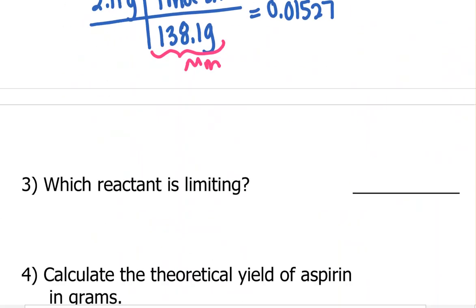Okay, and our next step asks us which reactant is limiting. And to decide that, you don't look at the amounts of the reactants, you look at the amounts of products. And we want to say which one predicts less product.